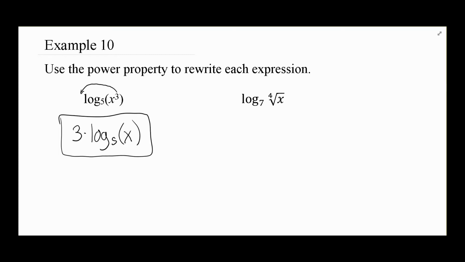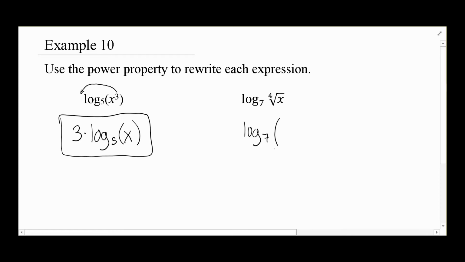Now, as we look at the second example, we're asked to do the exact same thing. But on first glance, I don't see a power. But this is where we got to remember, this is important for really this entire lesson and really this entire unit, is to remember that radicals are powers. Since we like dealing with powers in this lesson here, let's rewrite that radical as a power.